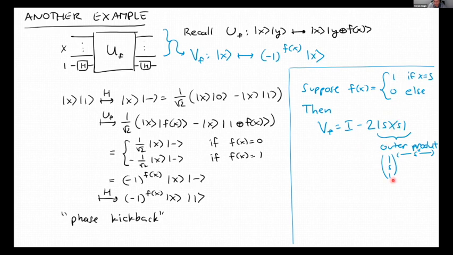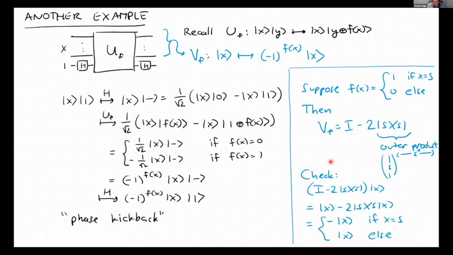Here this object, which we haven't seen before, is the outer product of the vector S with itself, which in the usual linear algebra picture just means the column vector S times the row vector S bar, which is a matrix, and in particular is a projector onto S. You can very quickly check that this is a valid expression for VF.